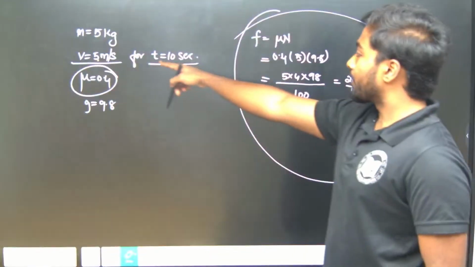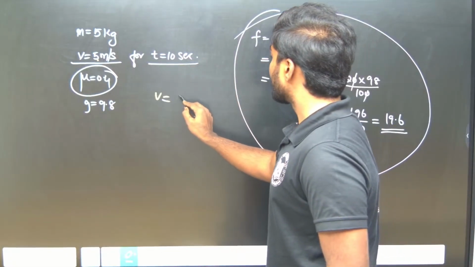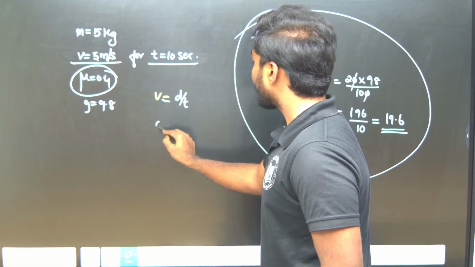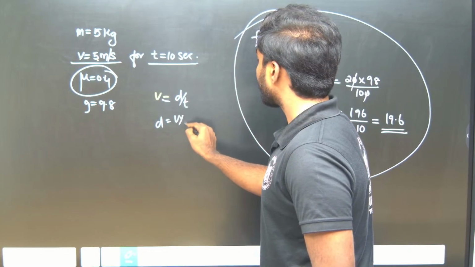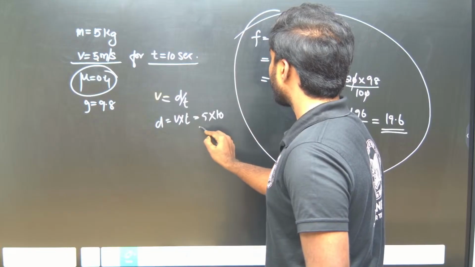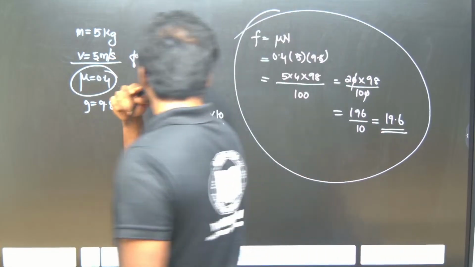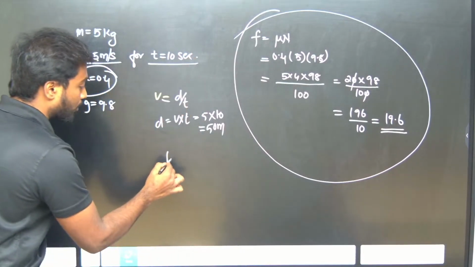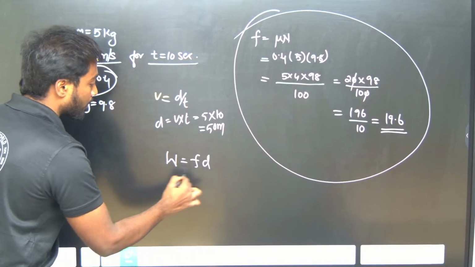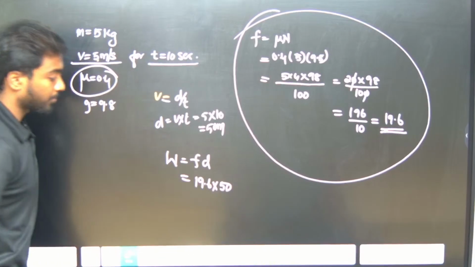I can use velocity equals displacement by time, so displacement is velocity into time. Velocity is 5, time is 10, so it is 50 meter. Displacement is 50 meter, force is there. So W equals F into d, where F is 19.6 and d is 50.